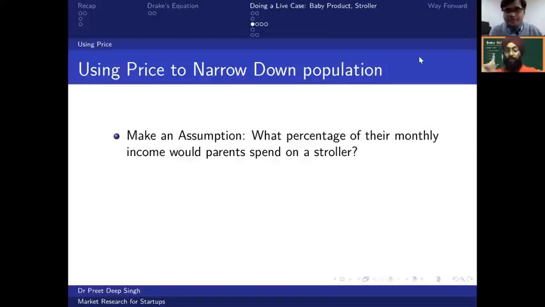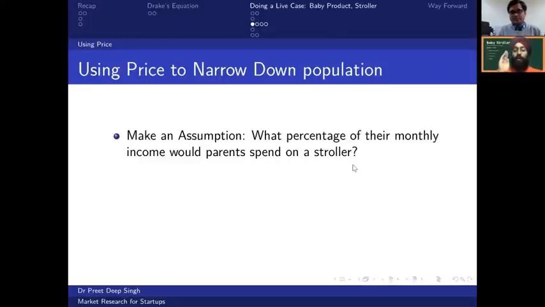You need to make an assumption right now. What percentage of their monthly income would parents spend on a stroller? Take a moment and answer this. Okay, so you need to find out this number, whatever this number is.